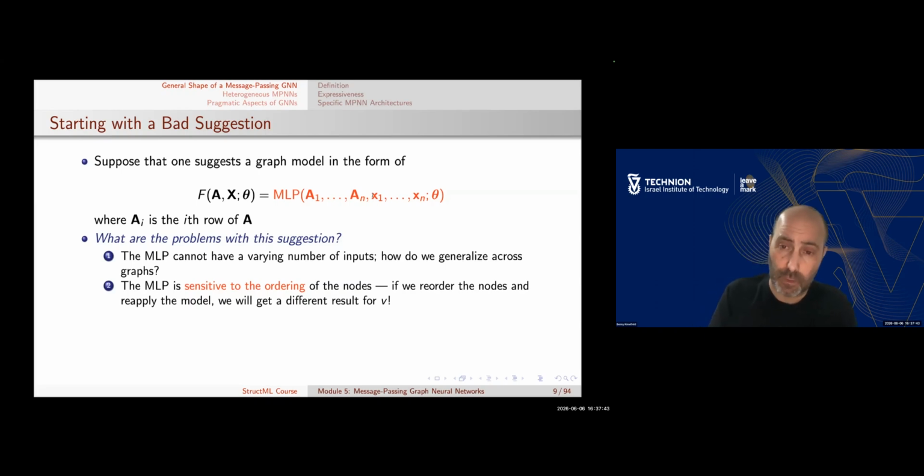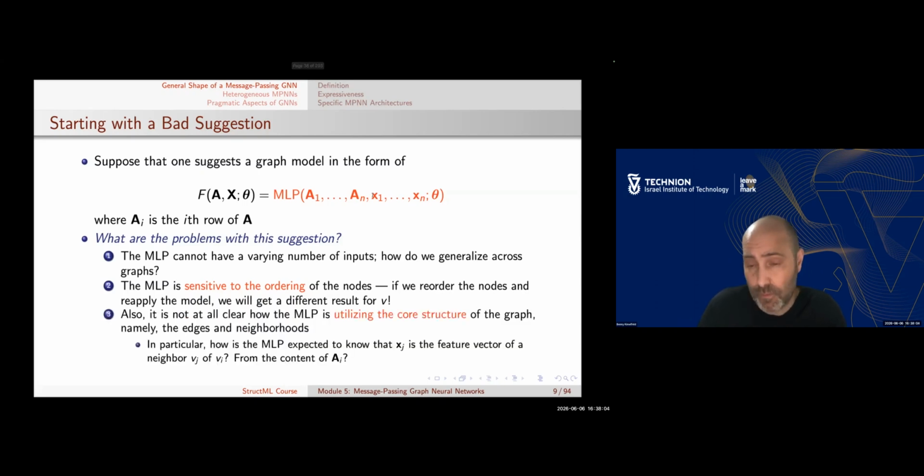If you decide to label a node as the first node or the third node, that is going to change the output for the MLP, because it doesn't know that it needs to treat isomorphic graphs in the same way. So it is sensitive to the actual ordering of the nodes, which is bad. This is not something that we want. It is just an artifact of the representation.